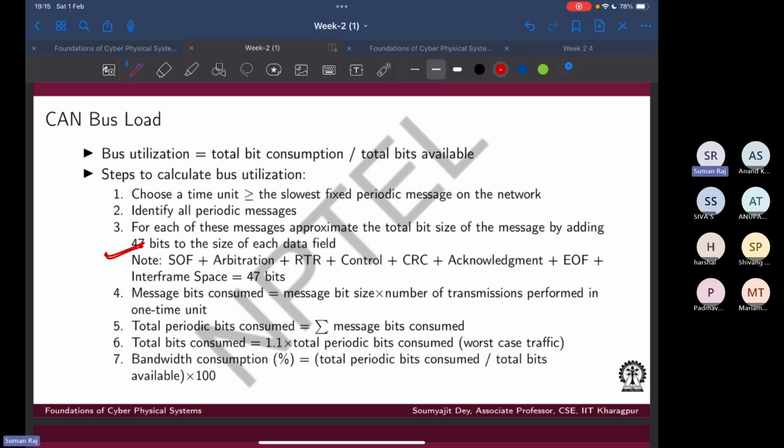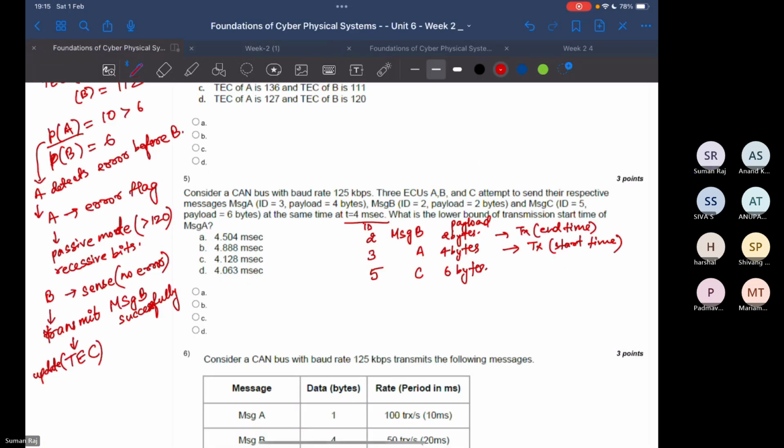Okay. So this formula, and then yeah, basically I think that itself, because over here you know this baud rate, so you should be able to calculate the time by when message B finishes the transmission of message B. Okay, and then after that you should be able to get as to when you are going to start this.